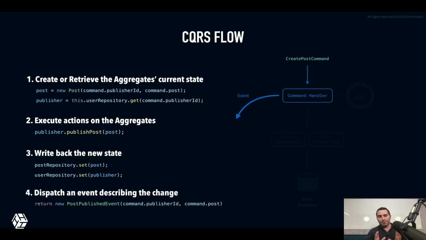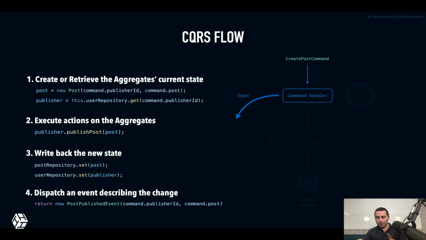And you need to keep your events as minimal as possible. You should only describe certain things that happened in the state, but nothing else. You should also try, and I think that's very important, not to send with your events a domain object. I wouldn't send the post object or the publisher object to the rest of the application.